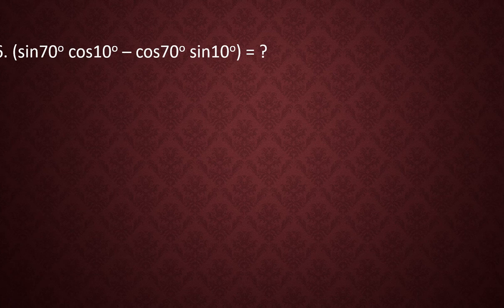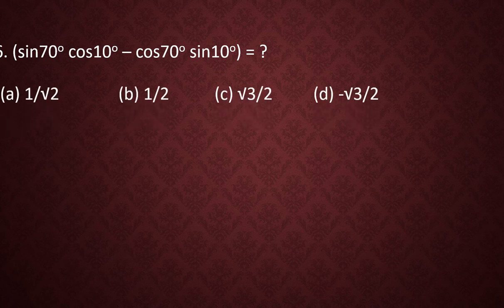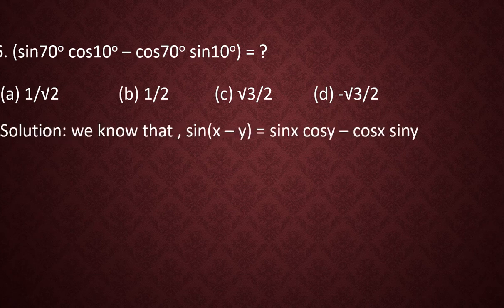The next problem is sin 70 degree into cos 10 degree minus cos 70 degree into sin 10 degree. You have to find the value of this. This looks like sin x cos y minus cos x sin y. Sin x cos y minus cos x sin y is nothing but sin of x minus y.